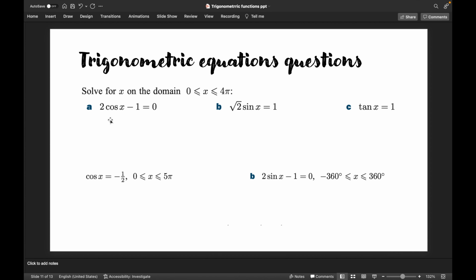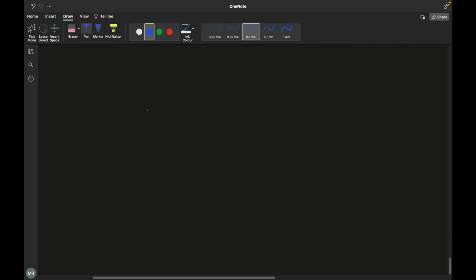Our first question is 2 cos x minus 1 equals 0. 2 cos x minus 1 is 0. Therefore, cos x is 1 by 2. Now to find the value of x, we have to do cos inverse of 1 divided by 2.